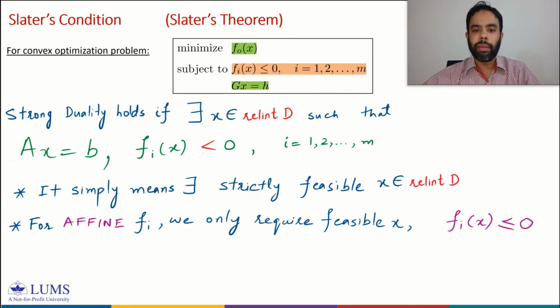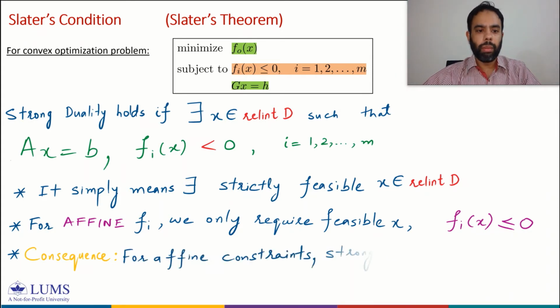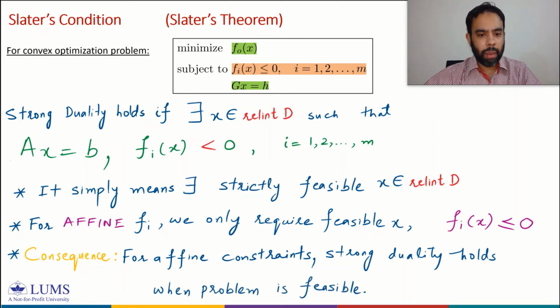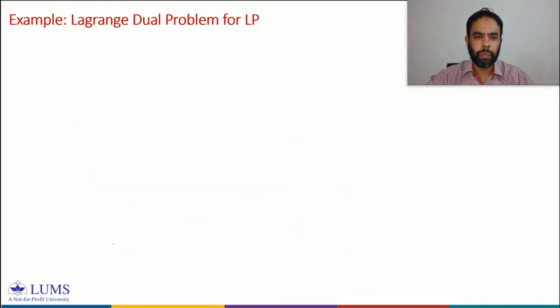The consequence of this refinement is that when any Fi is affine, we just require the primal problem to be feasible for strong duality to hold. So when we have affine constraints, strong duality holds when the primal problem is feasible.